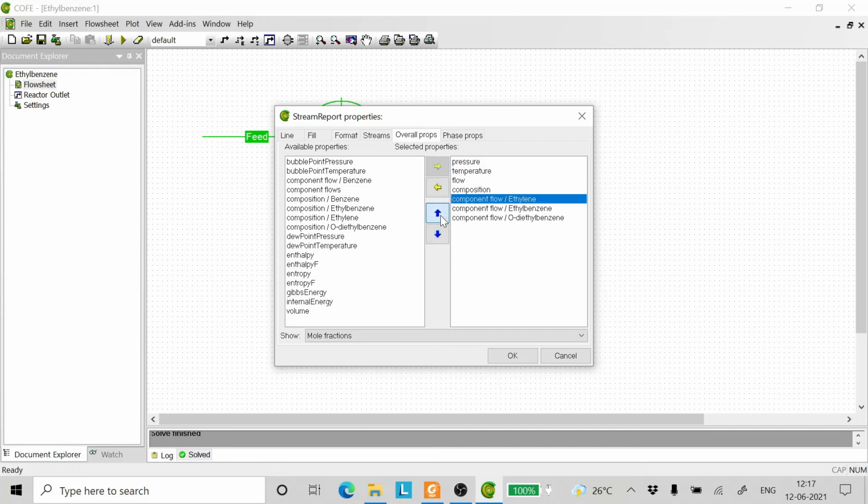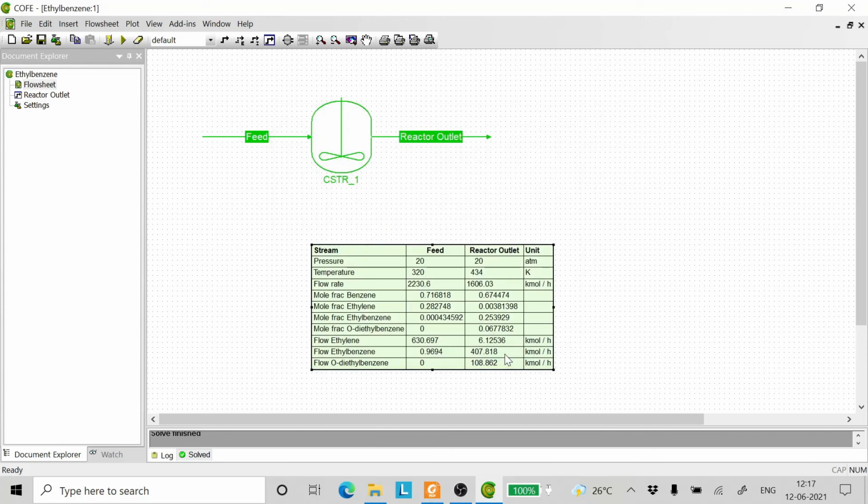Let's take ethylene on the top and click OK. What we find here is that 630.697 kilomole per hour of ethylene entered into the reactor and 6.12536 kilomole per hour is leaving the reactor.